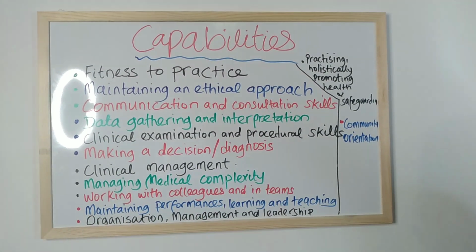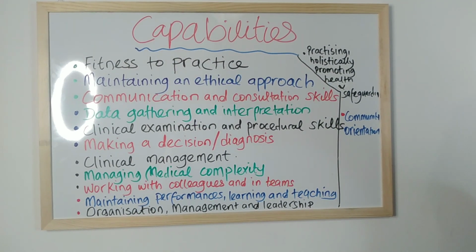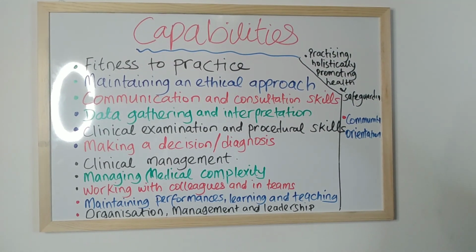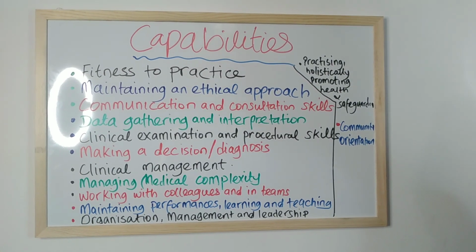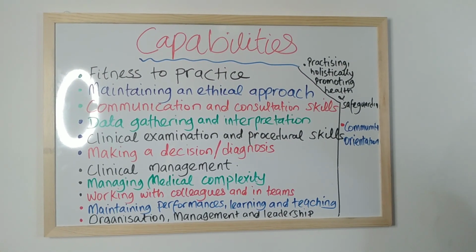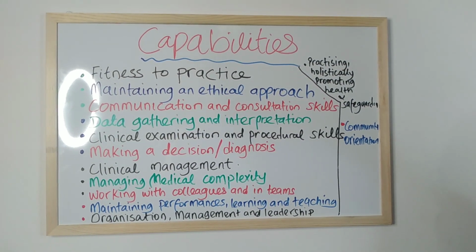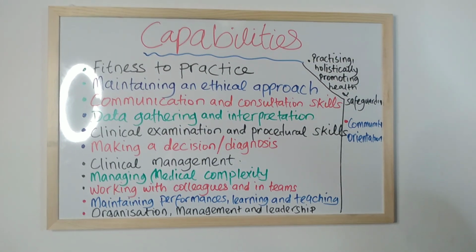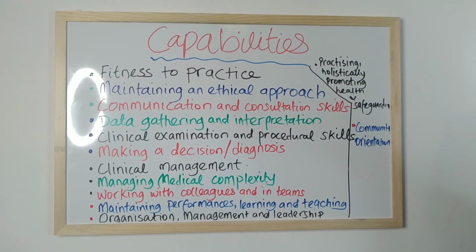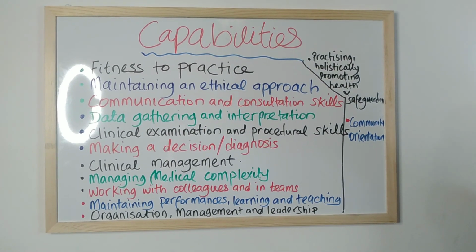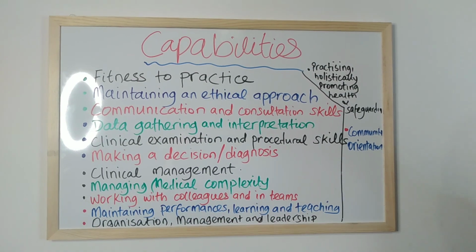That is where you link that. Working with colleagues and teams, that just says, if you manage a patient and you had to call in maybe the community nurse, or the physiotherapist, or you had to refer to many other specialties, and you were in touch with them, talking to them, or even if you had to speak to the admin about them, or anybody working with you in the management of your patient, you could put it there.